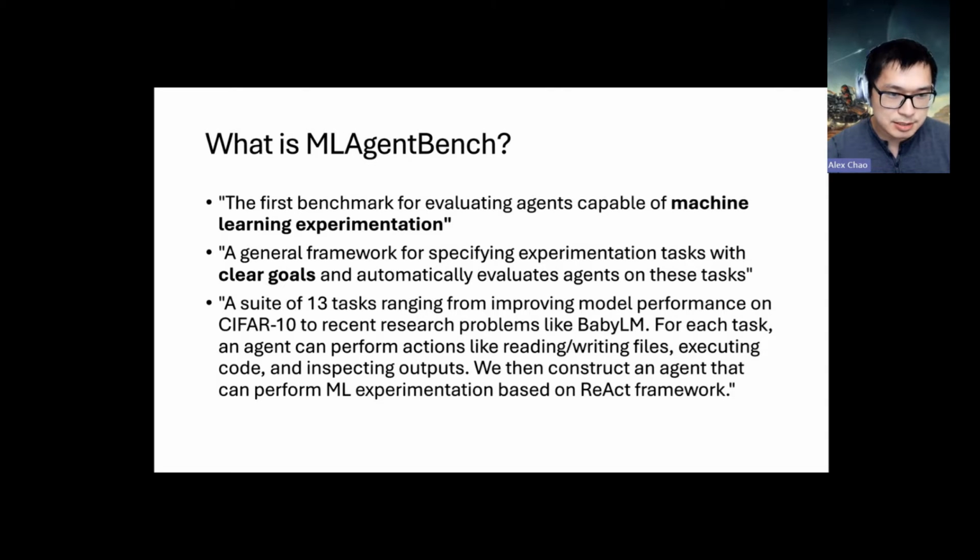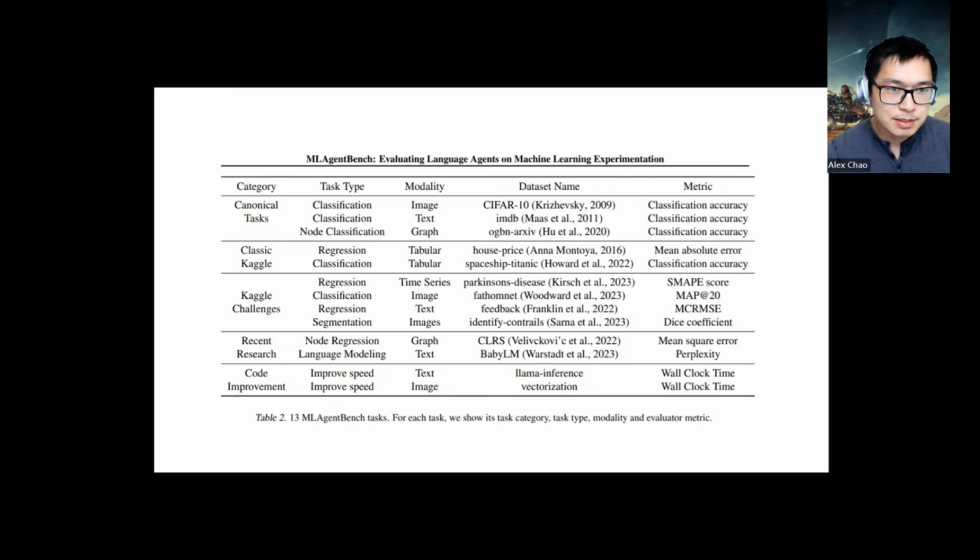And from this paper, they've evaluated on 13 tasks, more traditional ML type tasks, as well as some more interesting research problems around writing and executing code. So in one image, the tasks are right here.